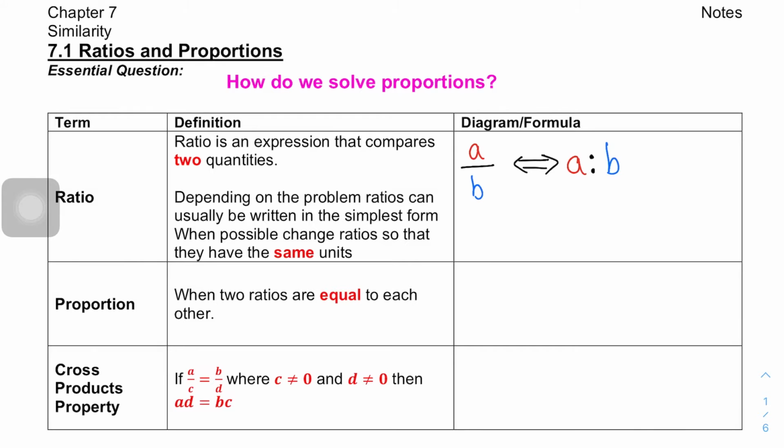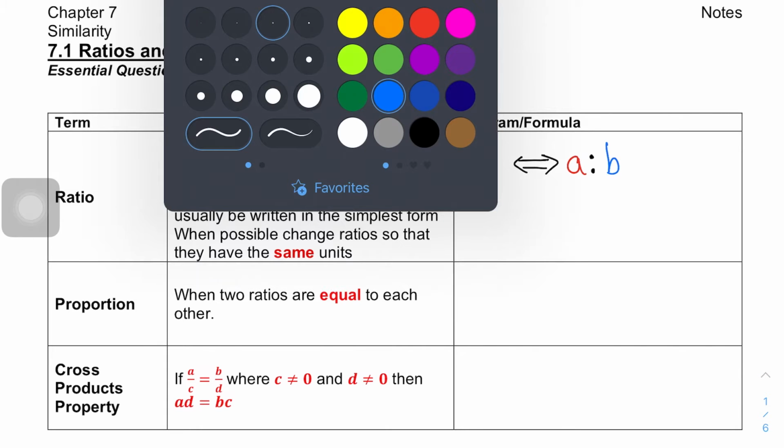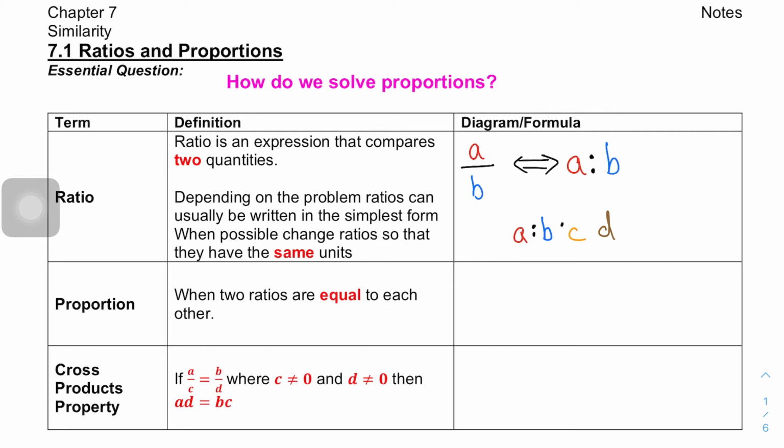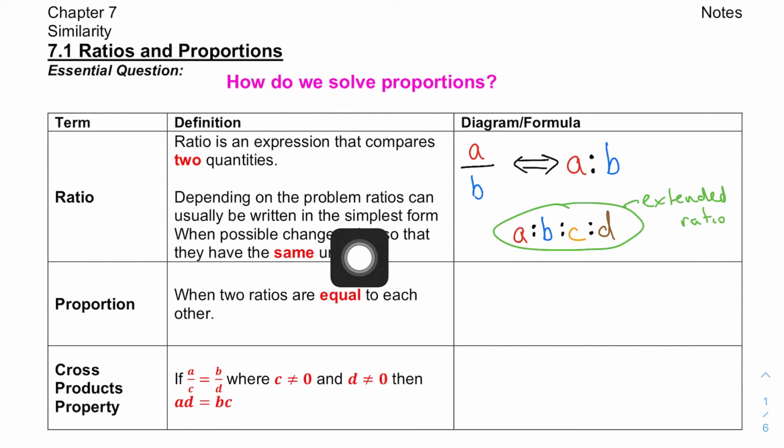Now, sometimes ratios are extended. We get a really long one. And that's known as an extended ratio. And when you work with ratios, you usually try to get them into the simplest form, and if possible, change them so that they have the same units.